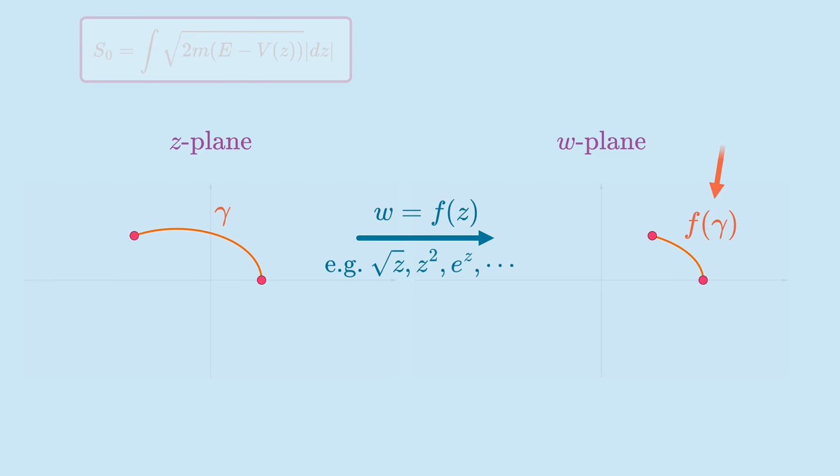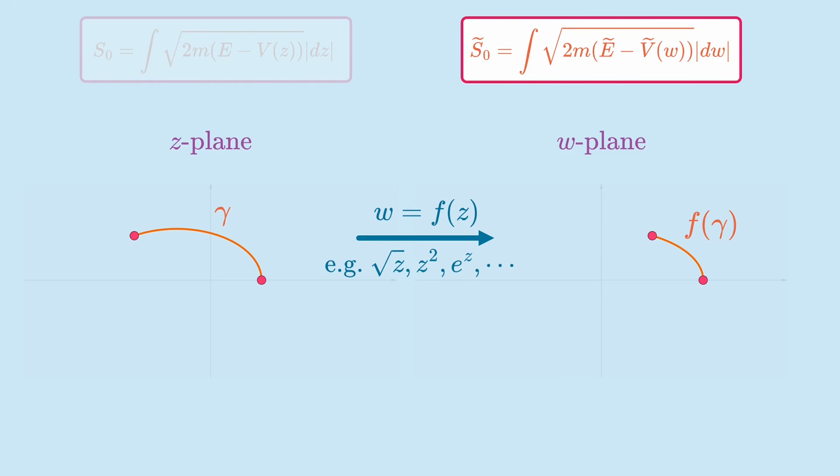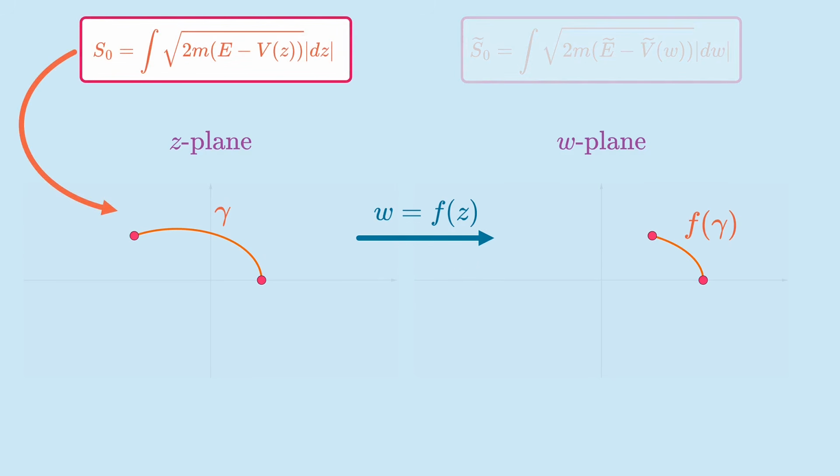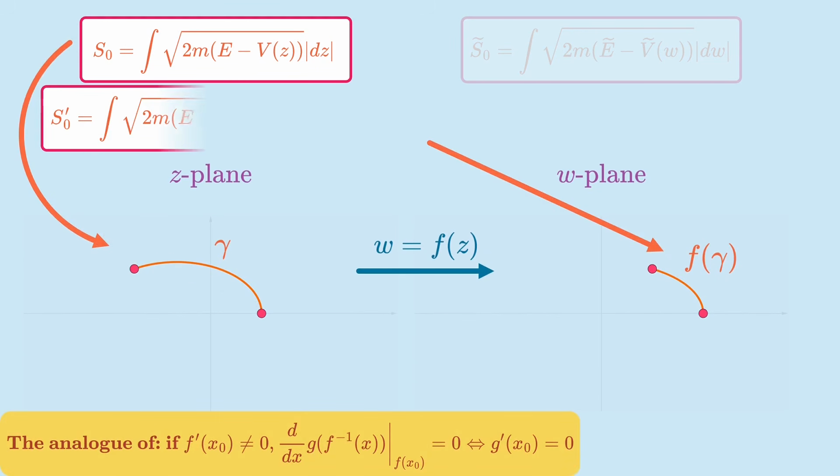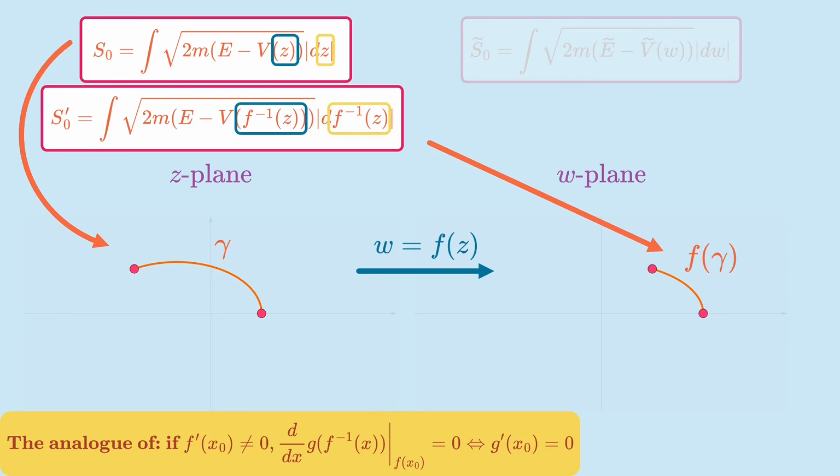We want this f of gamma to represent a physical trajectory with possibly different energy and different potential. In other words, we hope this path extremizes a new S0 with new energy E tilde and new potential V tilde. Since gamma extremizes the old S0, f of gamma should extremize the same abbreviated action with all the z's replaced by f inverse of z.